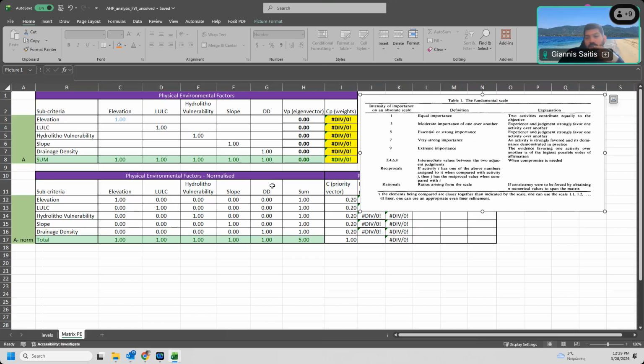So let's make an assumption. If I have a town on higher elevation and a town with the same land use land cover on low elevation, which town will be more prone to flood?